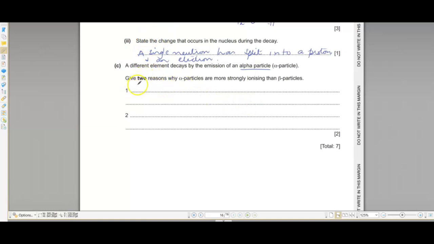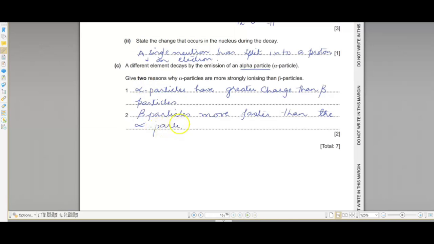So we can always write that alpha particles have greater charge than beta particles. That is why they are more ionizing. And second can be that the beta particles move faster than the alpha particles. So that is why alpha particles are more ionizing.